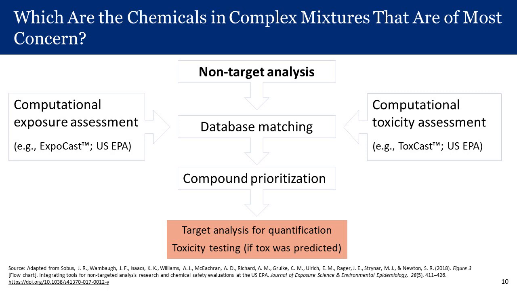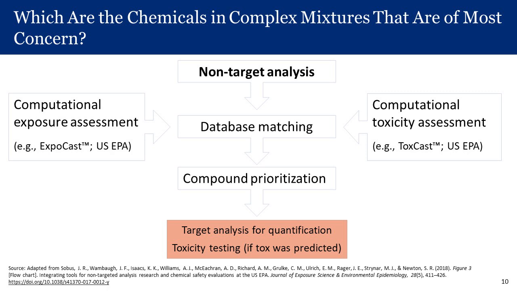And this is important because based on this prioritization, you can then use this smaller number of compounds to do a target analysis to quantify the concentration of these compounds, but potentially also to do more extensive toxicity testing, if that isn't available yet, to actually think about what the actual toxicity of these compounds is.